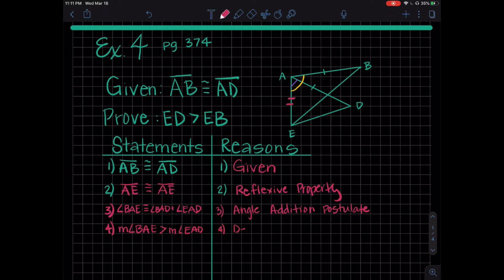That's the definition of inequality. And we want to say that BAE is greater than EAD because those two angles are opposite the sides we want to work with, this side and this side. We want that here in our proof. So now that we're there, we can say ED is greater than EB, and the reason being hinge theorem.